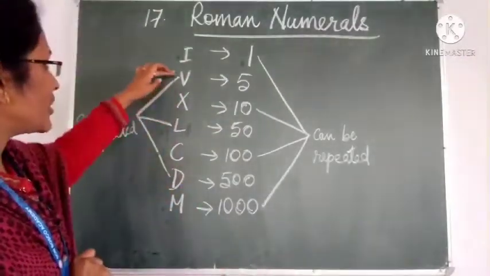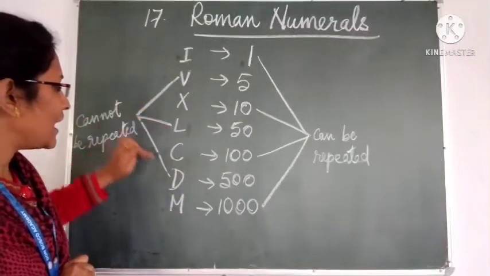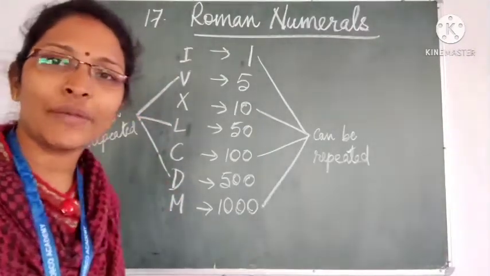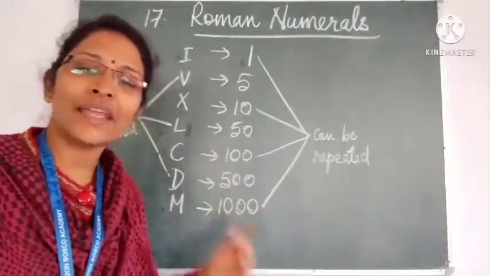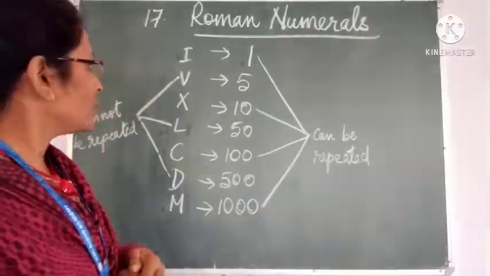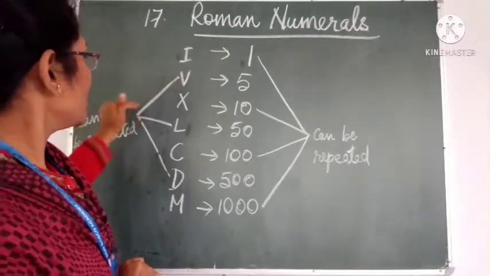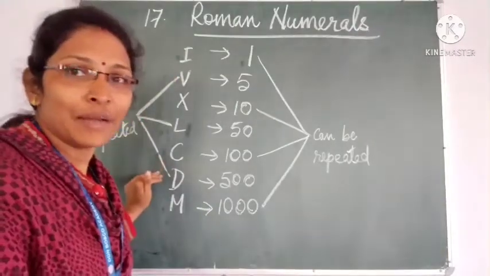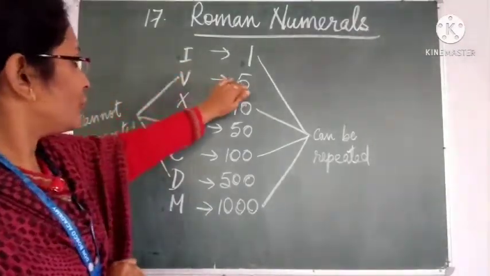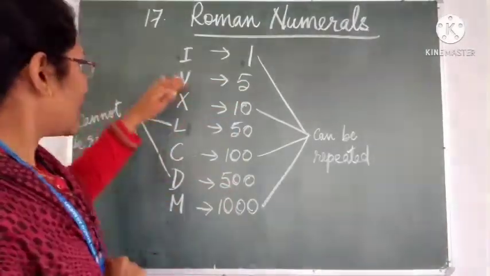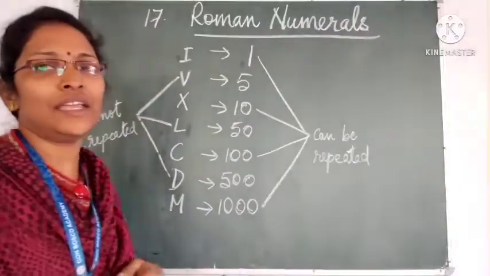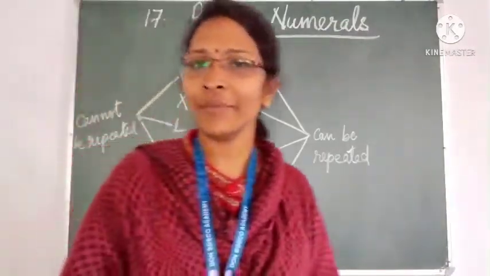And the Roman numerals V, L and D cannot be repeated. They cannot be used for adding or subtraction by repetition. 5, 50 and 500, that is V, L and D, cannot be repeated.